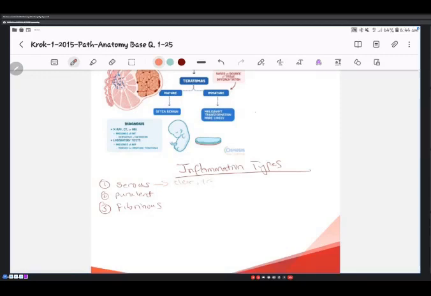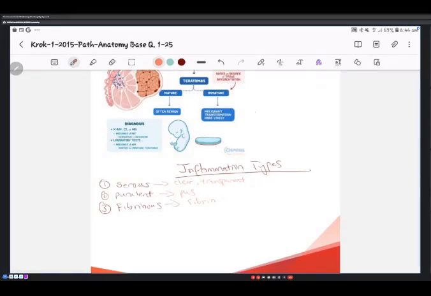And then purulent is with pus and pyemia. Let me not bring that here for today. And then fibrinous now. It has fibrin typically.